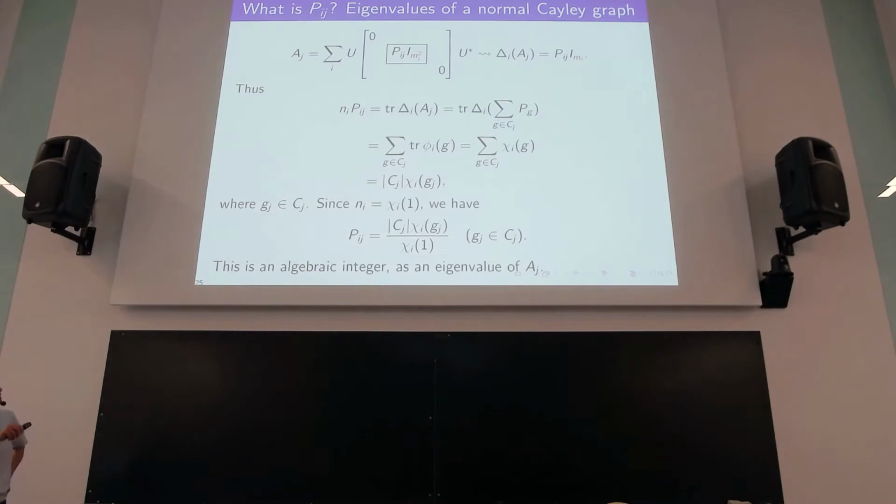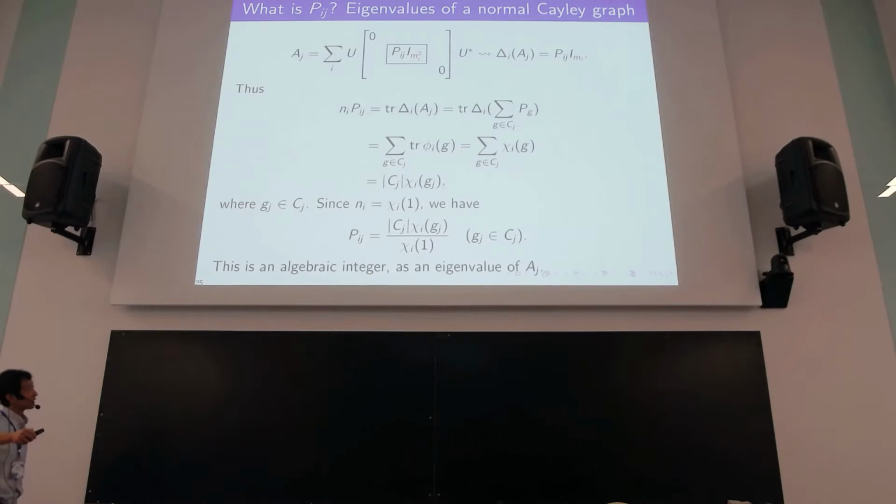Where does it come from? That is the dimension of the representation, and the dimension of the representation is nothing but the value of the character at the identity, because that was the trace of the identity matrix. So this is what I get as the entry of the eigenmatrix.